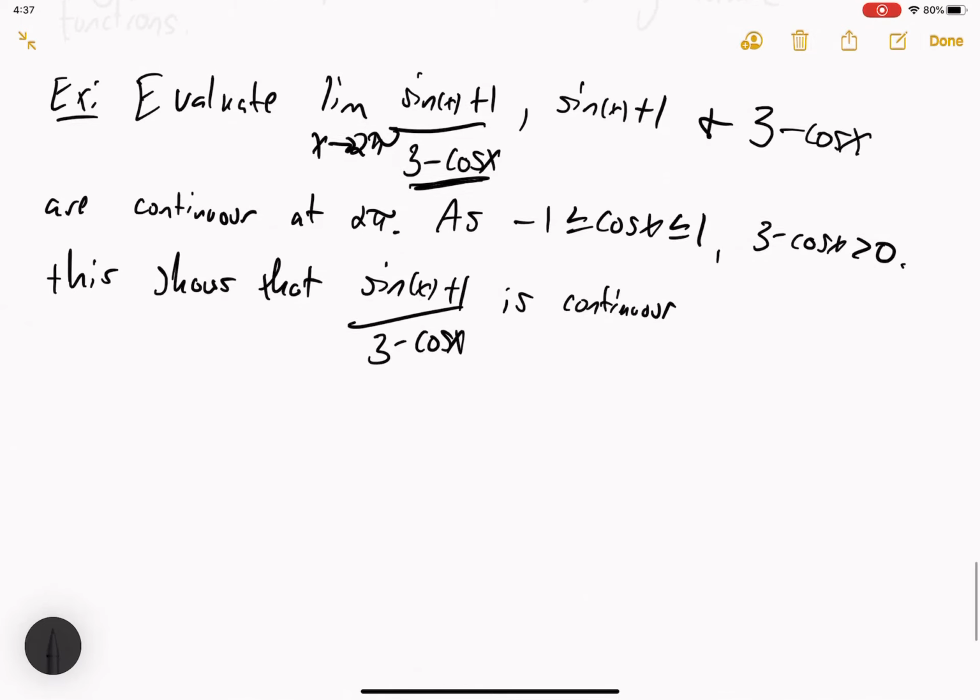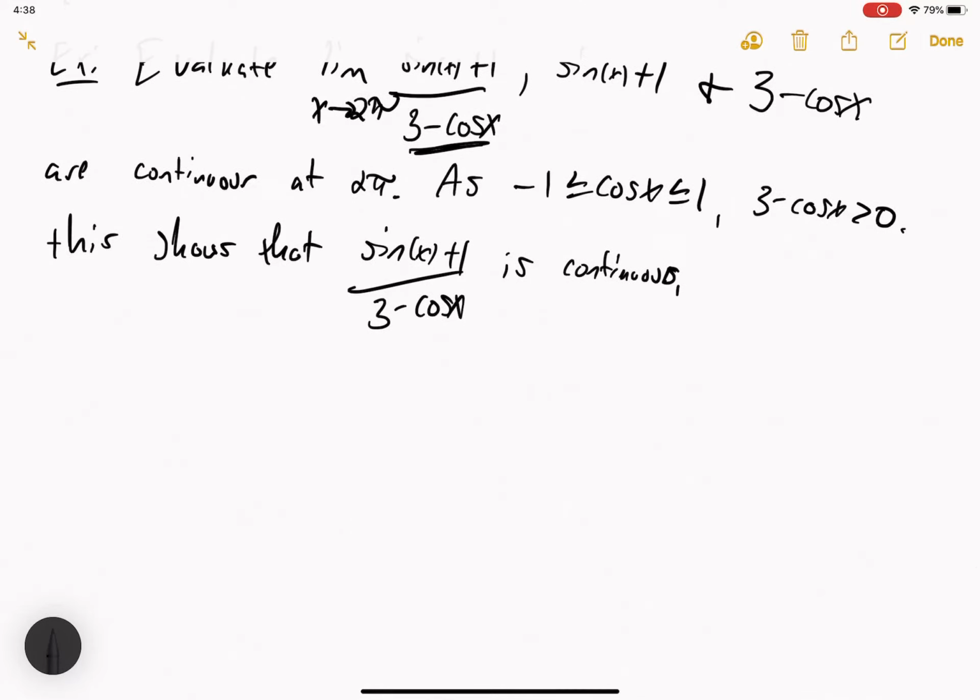And therefore, we can just plug in 2 pi. So let me go ahead and do that. We have the limit as x goes to 2 pi of sine of x plus 1 divided by 3 minus cosine of x.